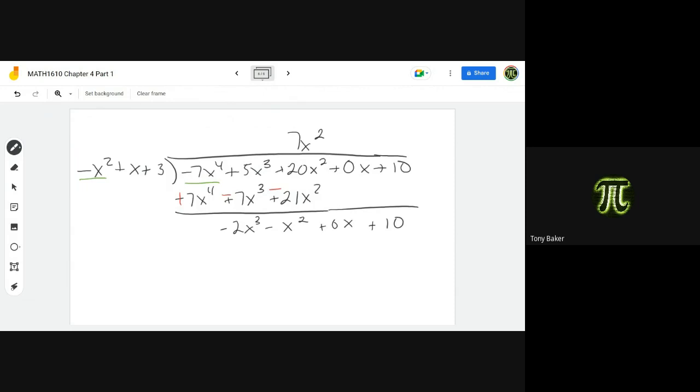Next step, negative x squared goes into negative 2x to the third. We have negative 2x, or no, positive 2x. Now, if you didn't have the 0x in there, you'd have a 2x and nowhere really to write it.